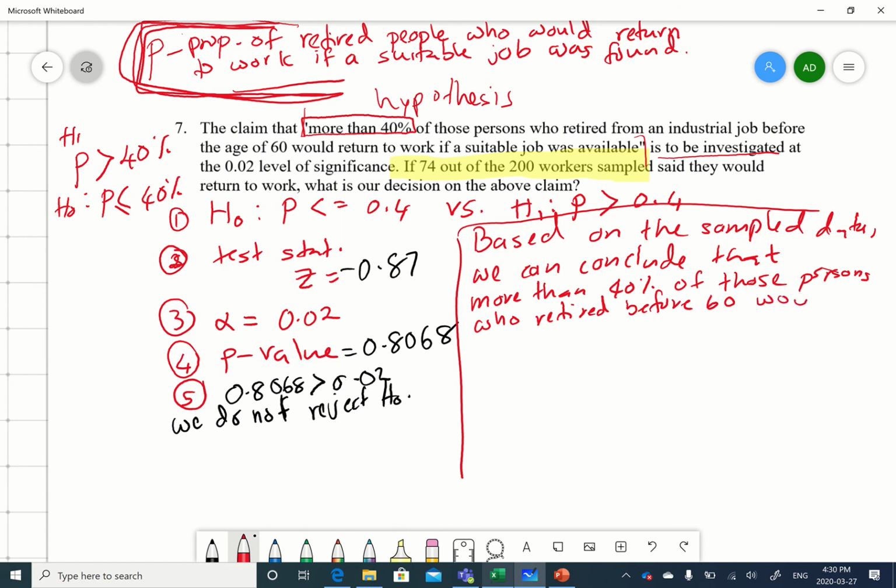So that's the only difference. Would not return to work even if they find a suitable job.